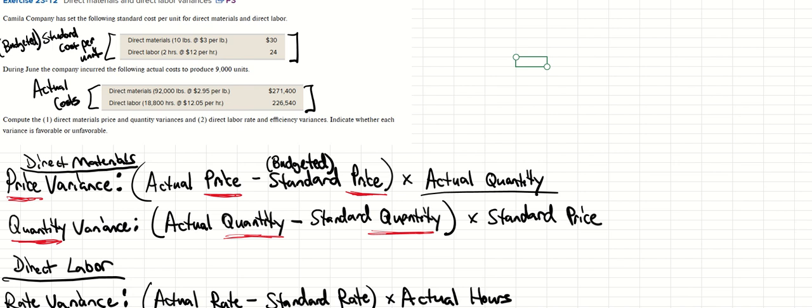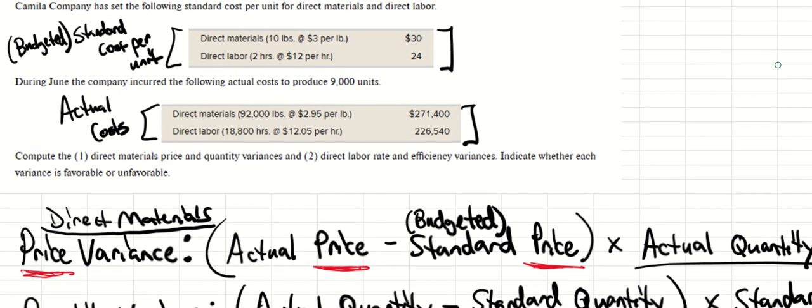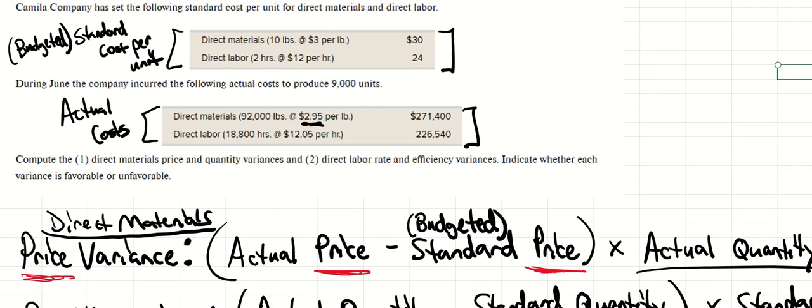So actual price is going to be taken from the actual cost section. Specifically, if I zoom in here, we're going to take the $2.95 per pound because we need the actual price or actual cost per unit.